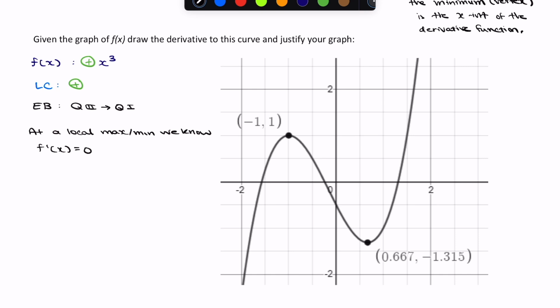Therefore, the x value will represent the x-intercepts of f prime of x.